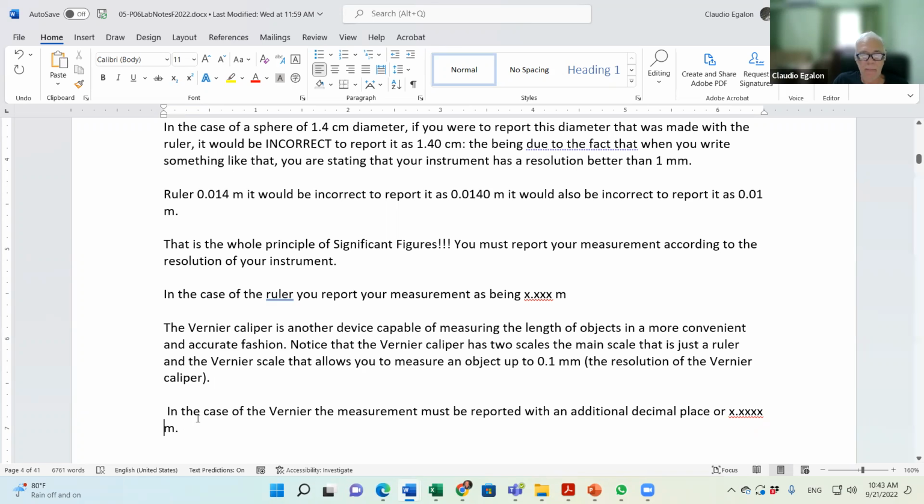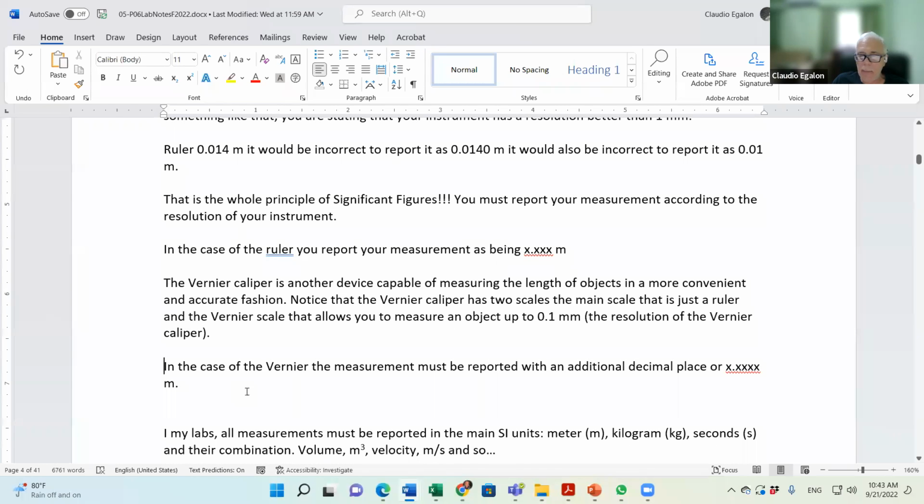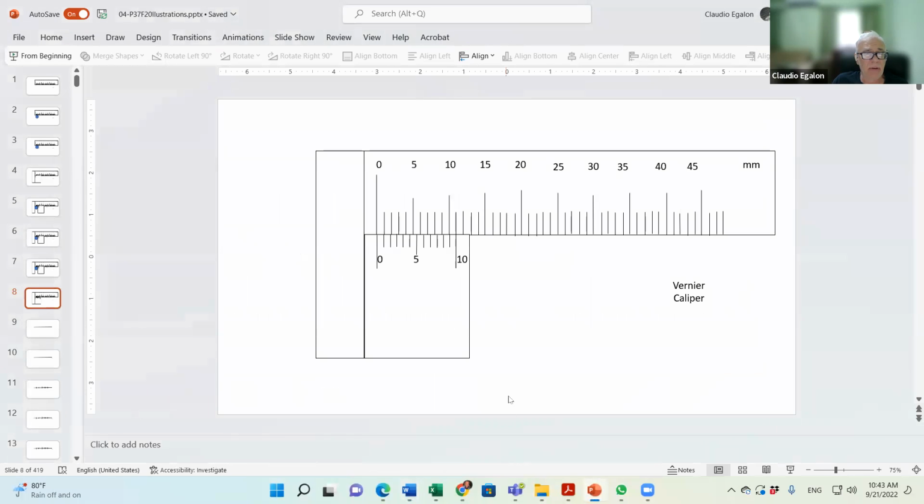You can see illustrations of vernier calipers out there. Those are real devices. Here, I'm just illustrating more or less how it looks. Notice that this vernier scale also has 10 divisions. You can count 10 divisions.